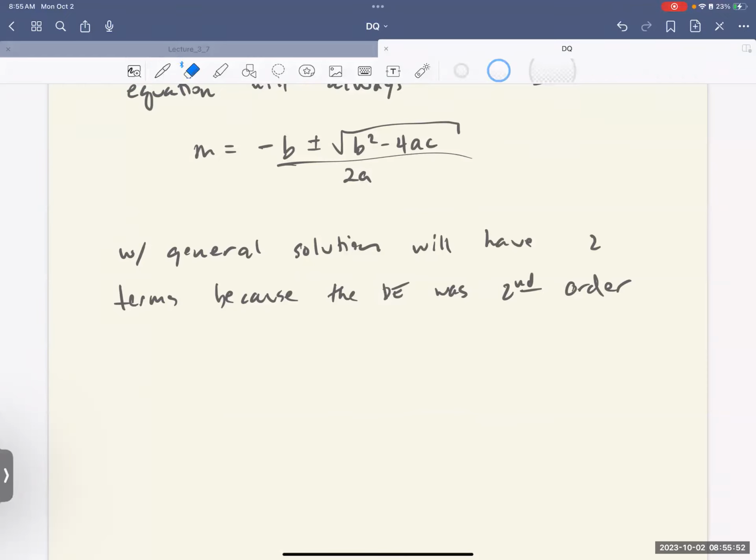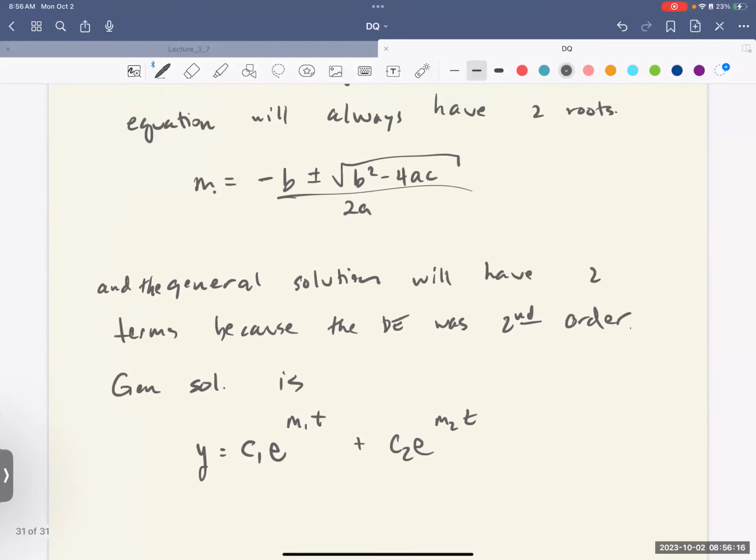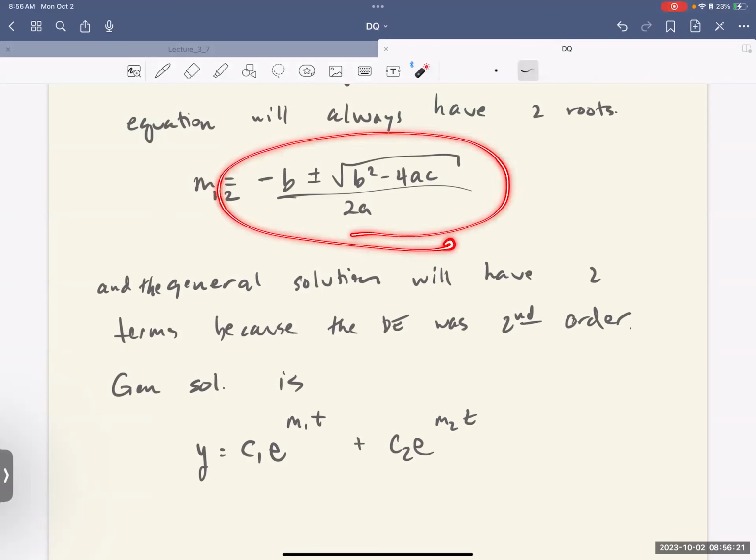Let's write it like this. The general solution will have two terms. The general solution is y is equal to some constant C1 e to the m1t plus C2 e to the m2t, where m1 and m2 were the roots of that characteristic equation.